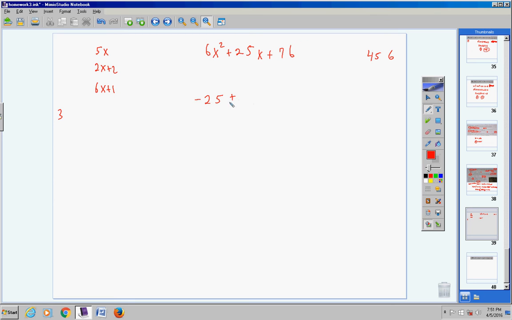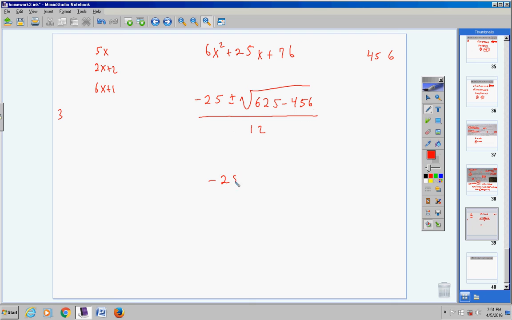I can do that. So negative b plus minus the square root of b squared, that's 625, minus 4a times c. 6 times 76 gives me 456. And then all over 2 times 6, which is 12.